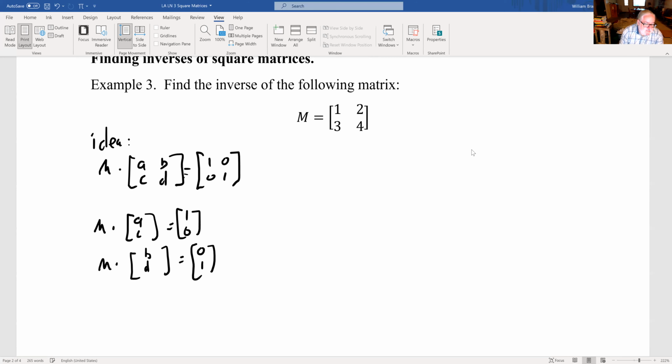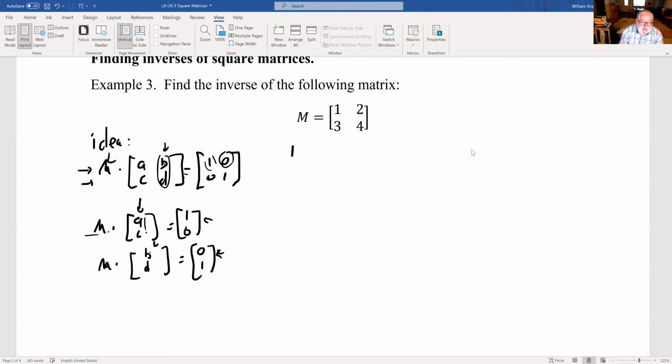Because m times AC, you take the first row of m times that vector, which gives you this number, and then the second row of m times this vector gives you the next number. M times BD means take the first row of m, multiply it by BD, and that should give you 0. Take the second row of m, multiply it by this, and that should give you 1. And we saw how to do this. We're looking for unknowns that are equal to these things.